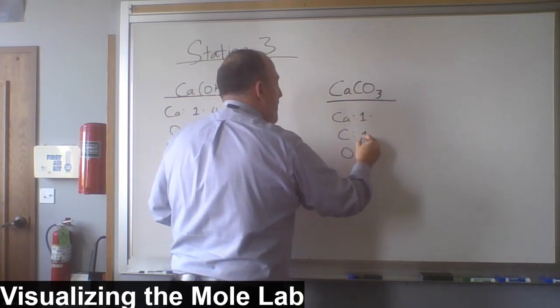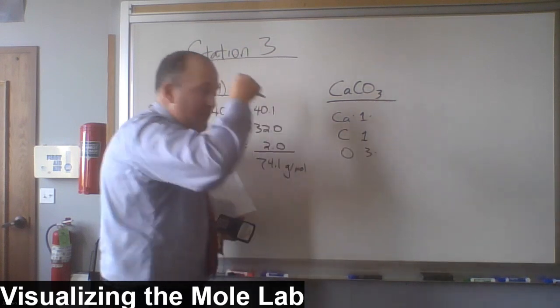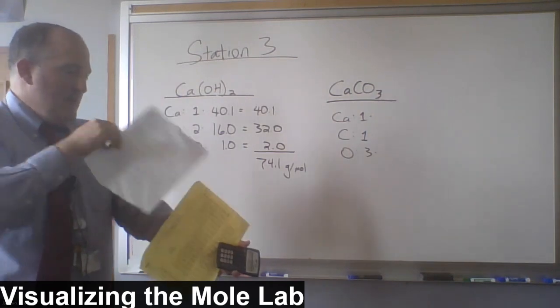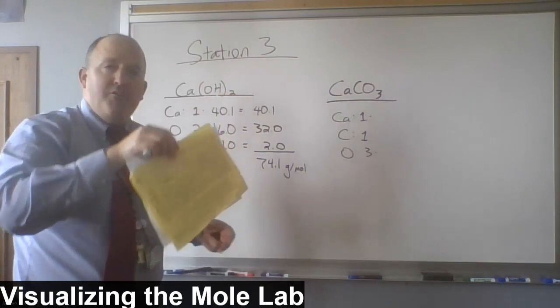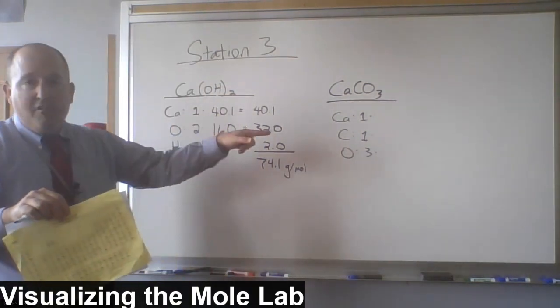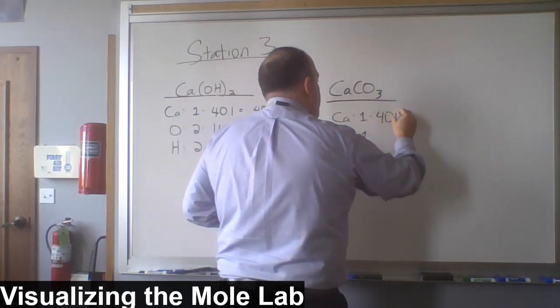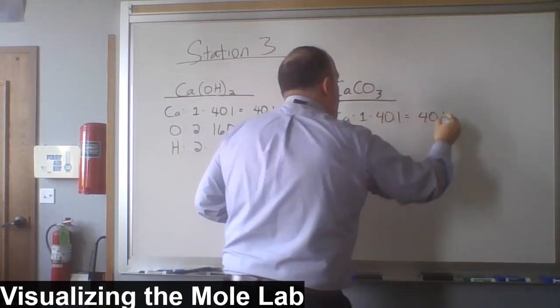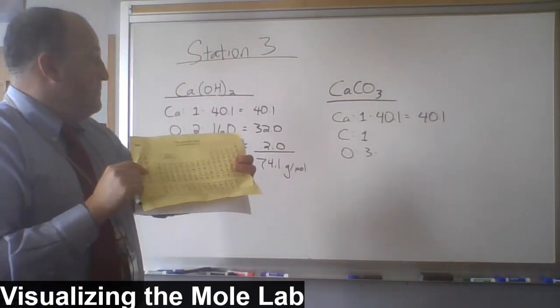We see that both for calcium and carbon. And we see a listed subscript of 3 for the oxygen. Now we refer to the periodic table. Again, calcium, if you figured it out over here, you figured it out forever. It's 40.1. But if you did ever want to look it up, you could always find calcium in column 2 on your periodic table.